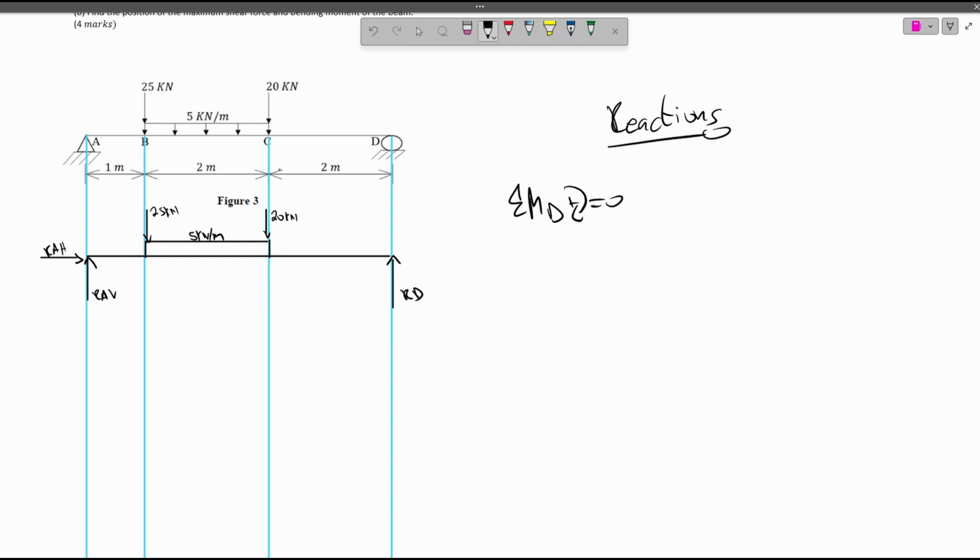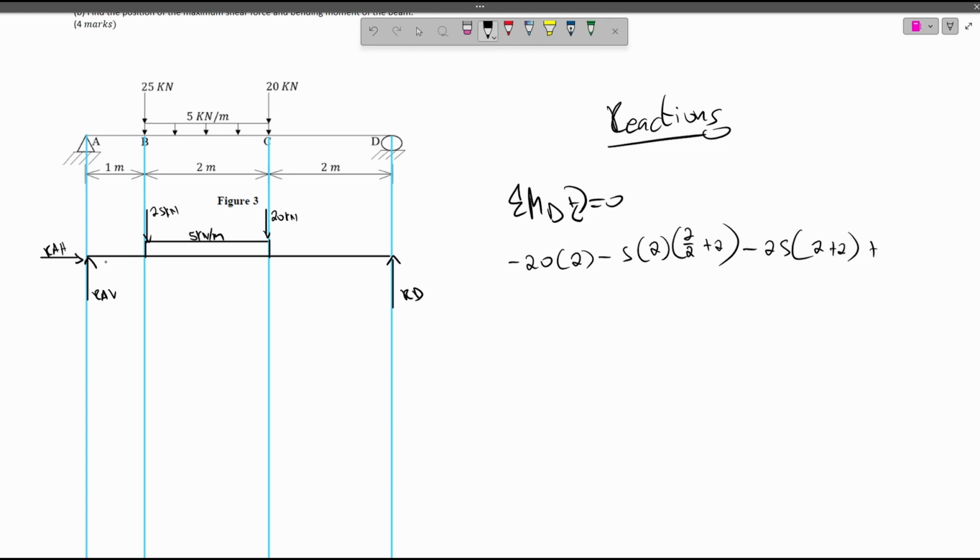You have the 20 going anti-clockwise, so you have minus 20 times 2. You have the 5, it's also anti-clockwise, it's minus 5 times 2, 2 over 2 plus 2, which is the remaining distance to come to here from the center to the point of our moment, minus 25 times 2 plus 2.